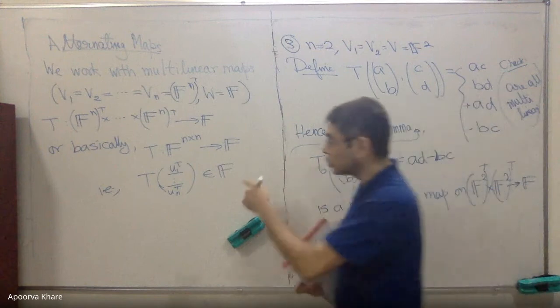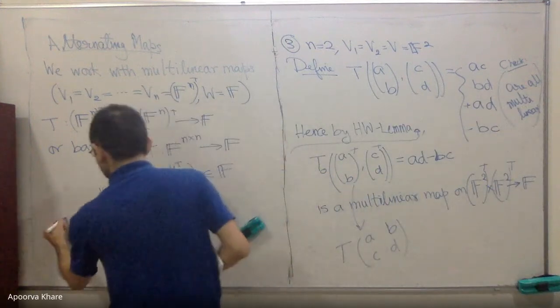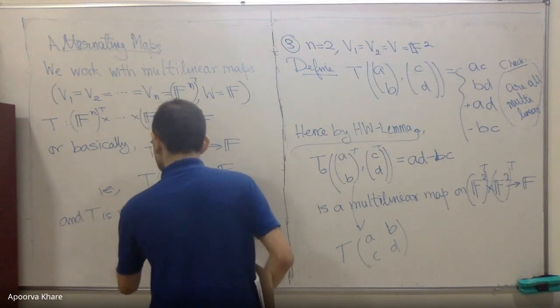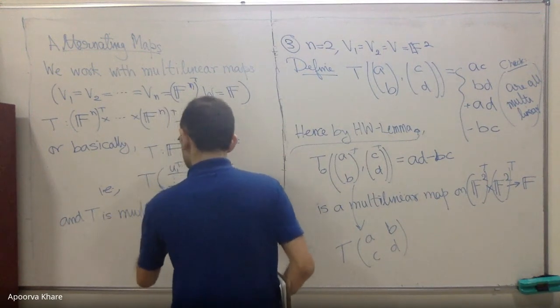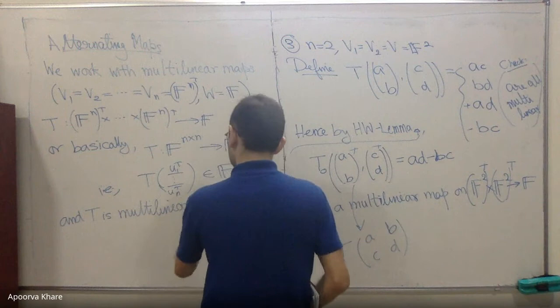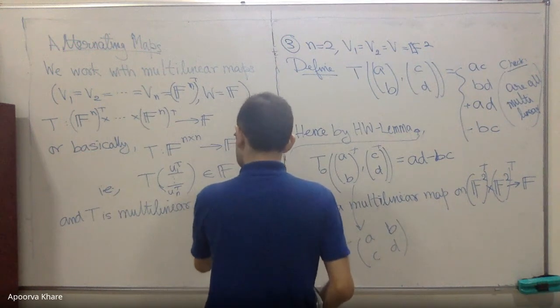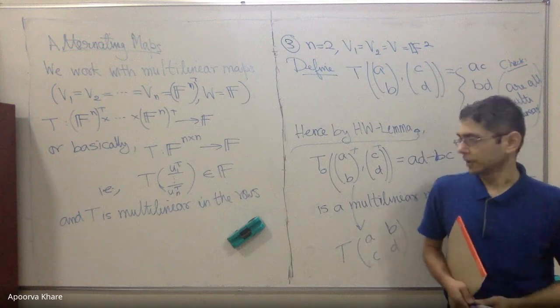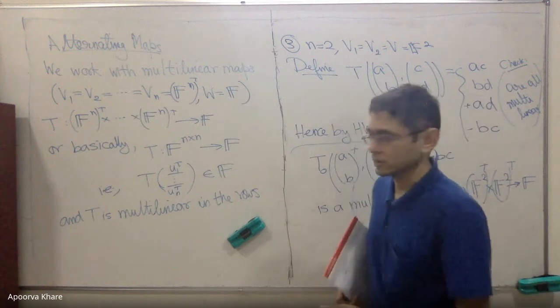We will talk about the rows, and this is multilinear in rows. Okay, that's good because we want to do row operations and so on.